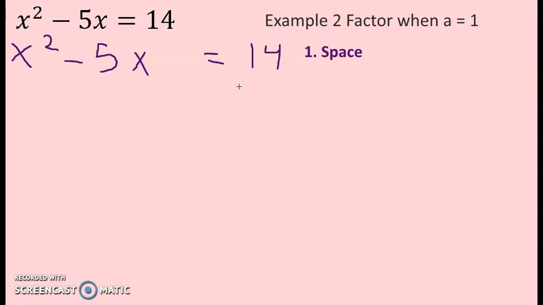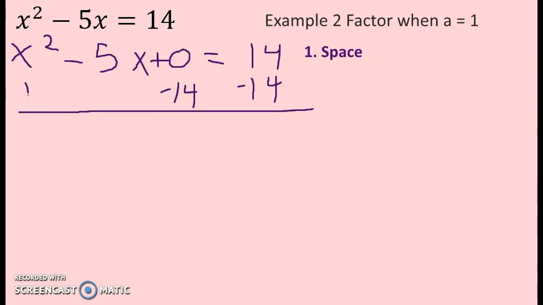Step 2, let's subtract the 14 from each expression. And then break down everything. So x squared minus 5x minus 14 equals 0. Notice I put that plus 0 in the space so we can line up the constants together.